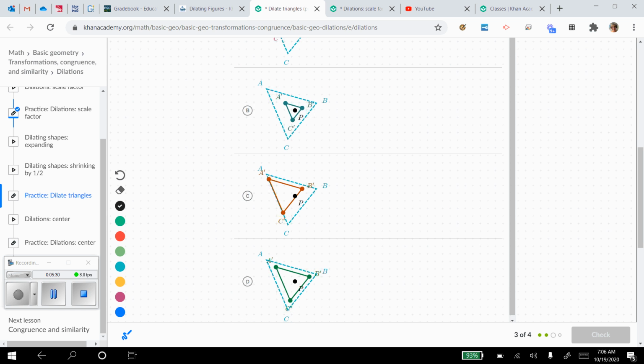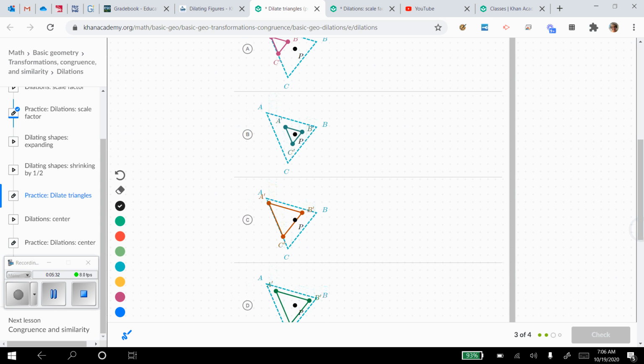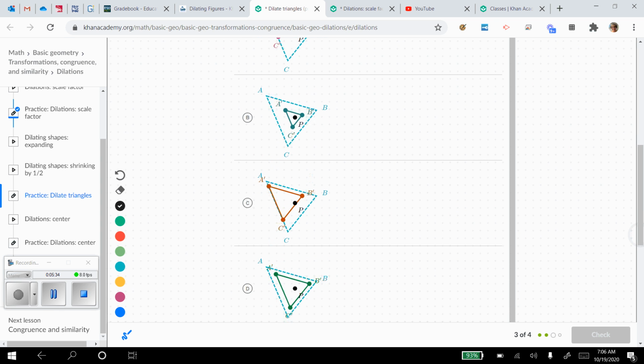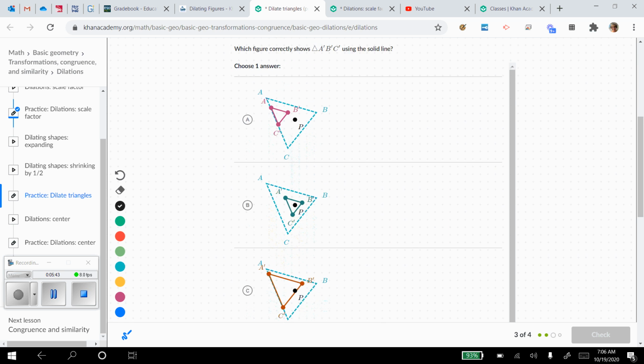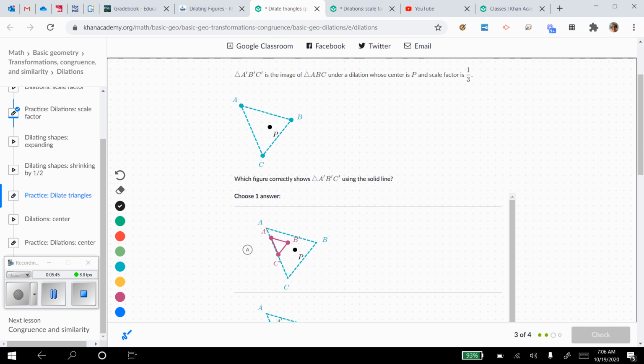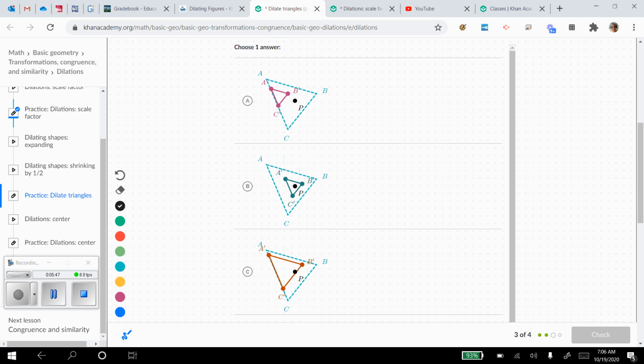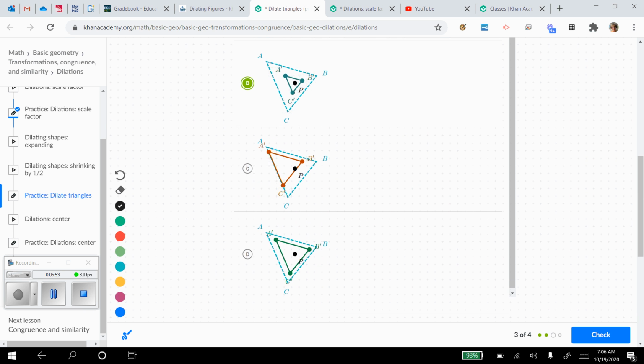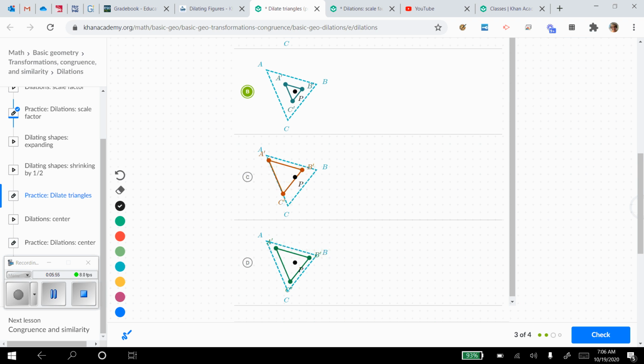So looking at all of our options, we do have answer B that has point P in the middle of our A prime, B prime, C prime, and we have answer D with P in the middle, but which one is actually a third scale factor? So I feel like B is a 1/3 scale factor, whereas D might be more of a 2/3 or maybe even 3/4 or something like that.